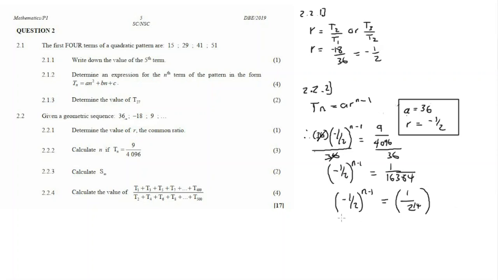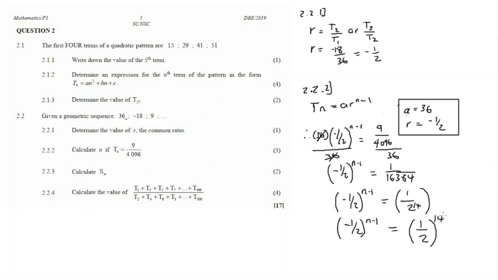Okay, so I'll explain this. Minus 1 equal to this, 1 over 2 raised to exponent 14 can be written as 1 over 2 raised to exponent 14, because this is an exponential law, one of the laws of our exponents.